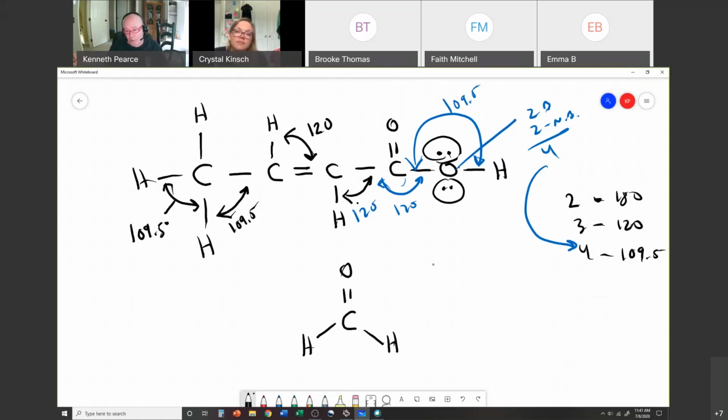Y'all see that? It's 3 things, right? And you would say that all 3 of these bond angles should be 120 degrees. Everybody agree? Should be. There's 3 things. But what do we have here?